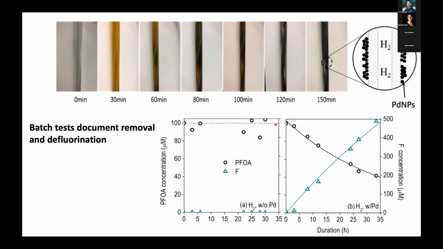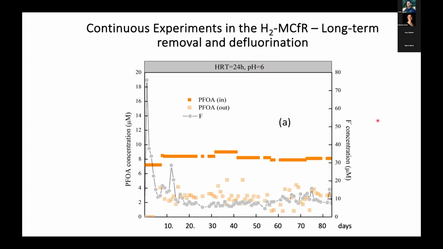PFOA doesn't go down, and the little blue triangles, which would be released fluoride, nothing happens. But if we have palladium, like I show up here, then you can see the PFOA goes down and the fluoride goes up. So we're getting what we call reductive defluorination. We are removing the fluoride from the molecule.